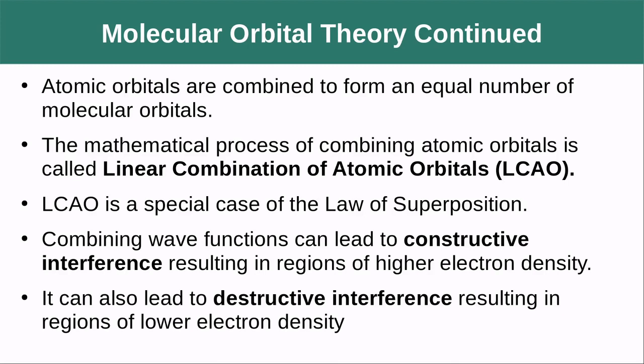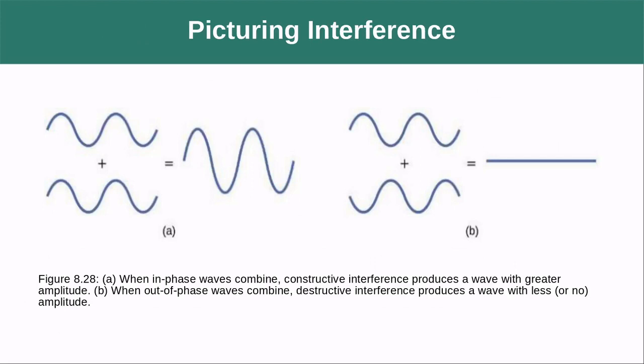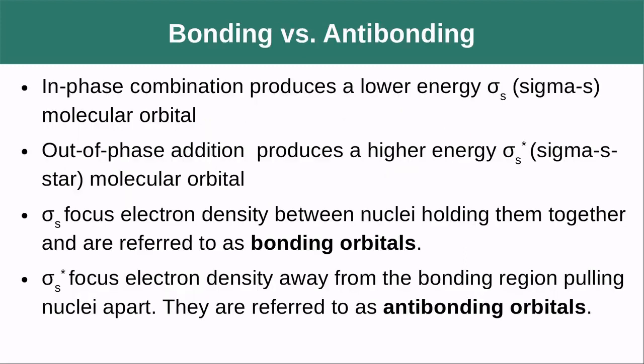Combining these wave functions can lead to constructive interference, resulting in regions of higher electron density, and it can also lead to destructive interference, resulting in regions of lower electron density, exactly as we saw for electromagnetic waves, in-phase and out-of-phase combinations.